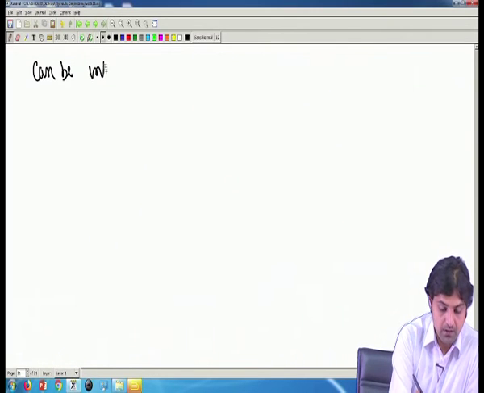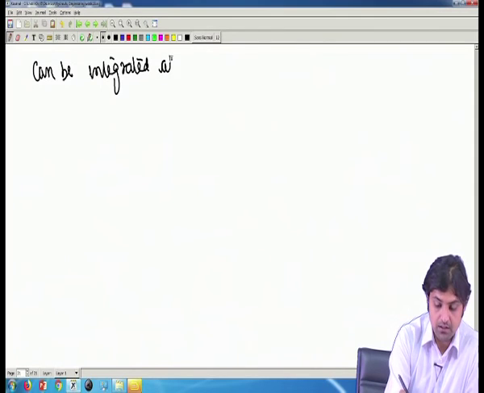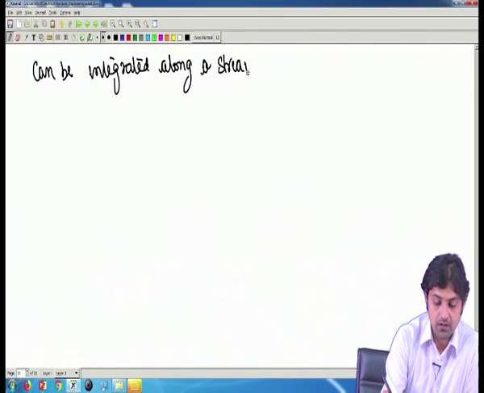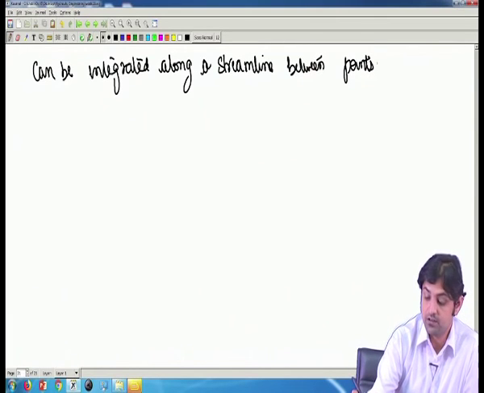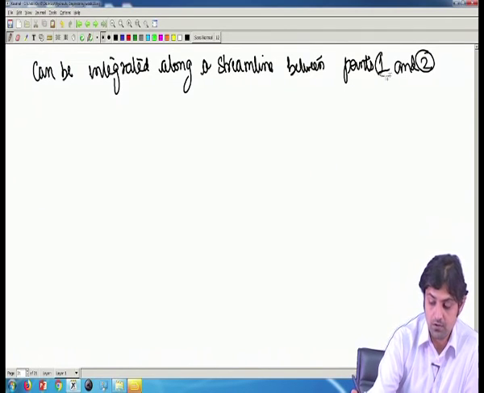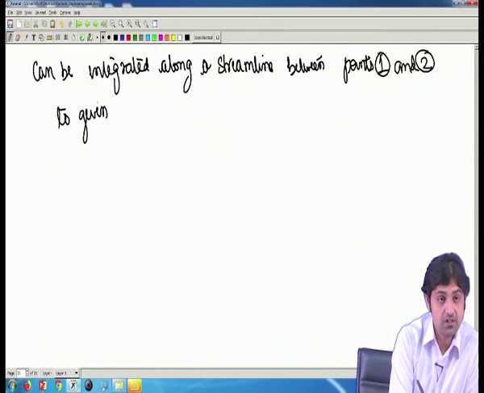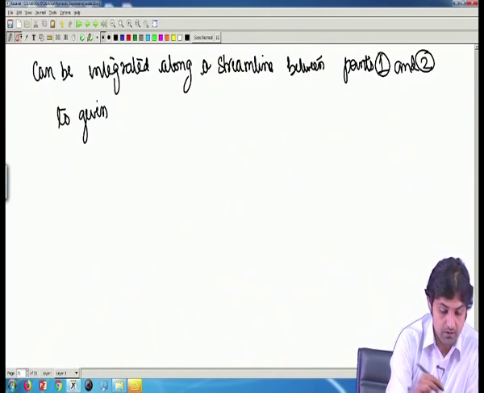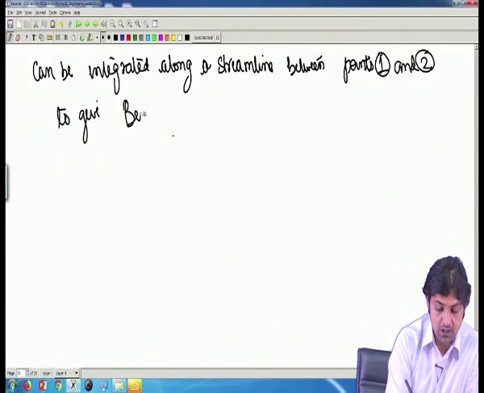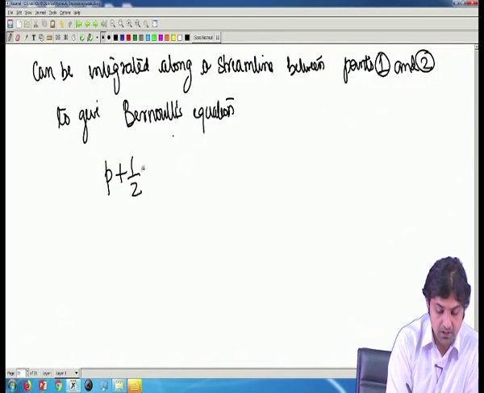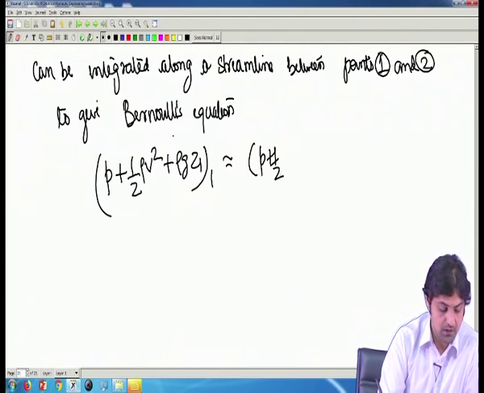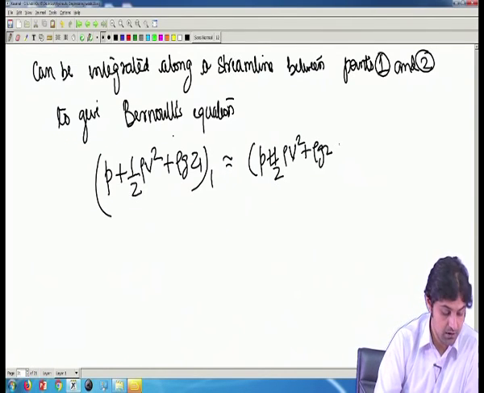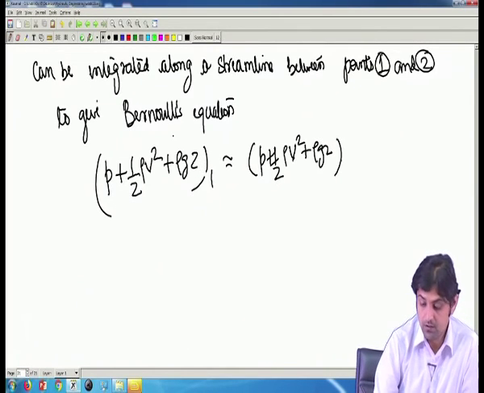It can be integrated along a streamline between points 1 and 2, meaning any two points, to give Bernoulli's equation, which is P plus half rho V square plus rho g Z1 equal to P plus half rho V square plus rho g Z2 at 2.